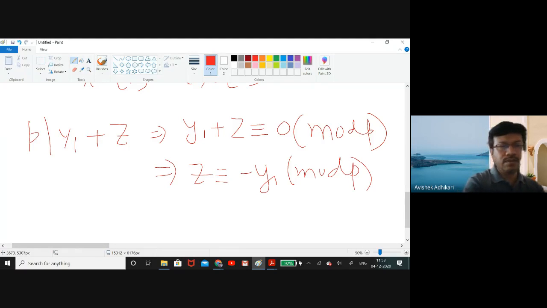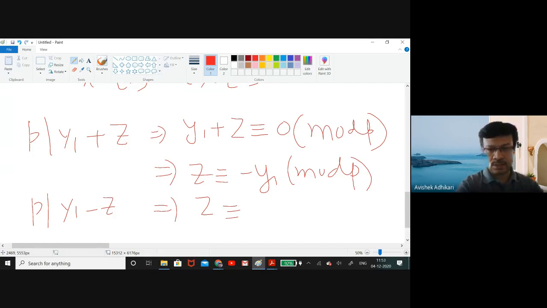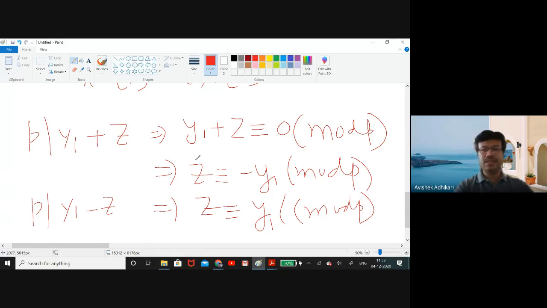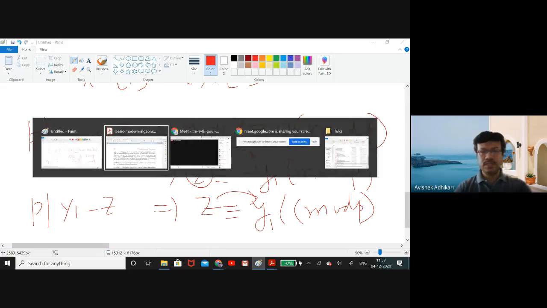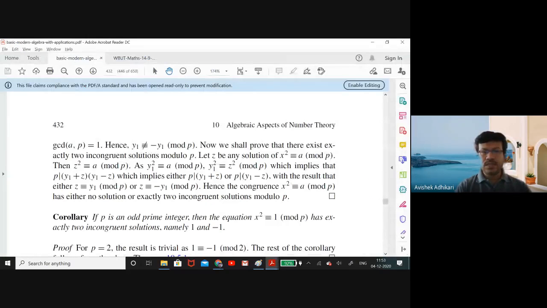Similarly, if p divides y1 minus z, then z is congruent to y1 mod p. So what you have shown is that, taking any solution, either z is congruent to y1 or z is congruent to minus y1. So you have done basically. Is the result clear to all of you? Any question or doubt?